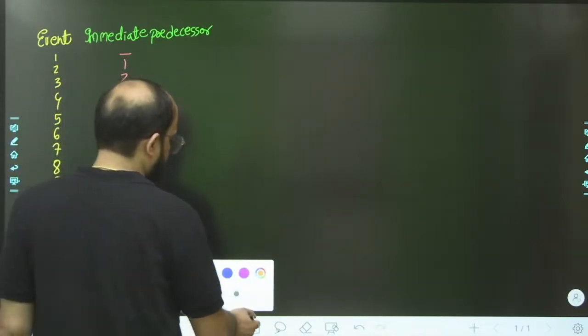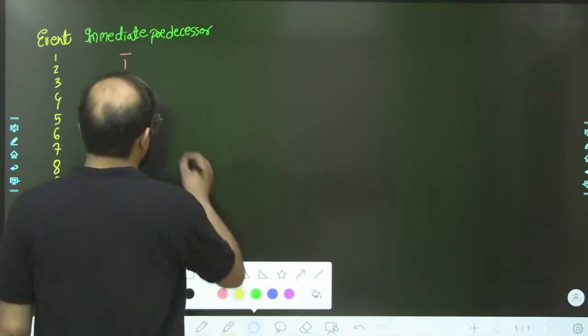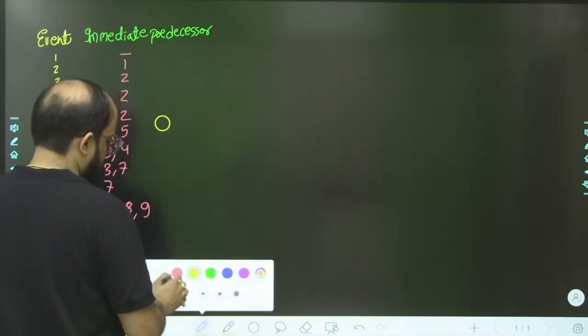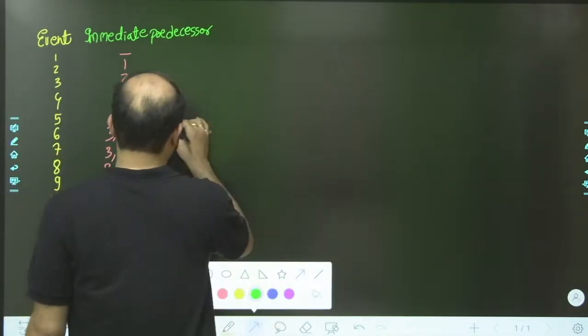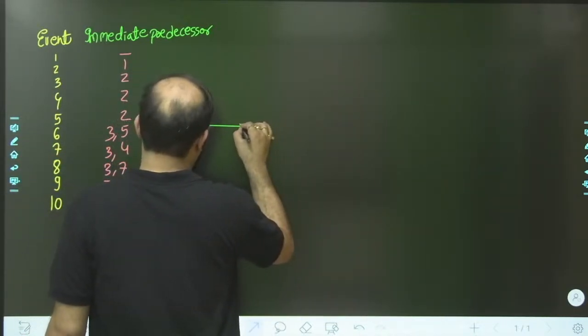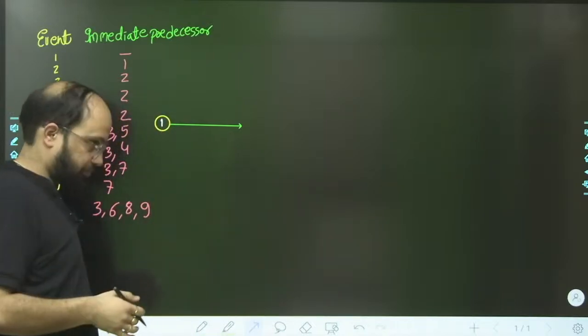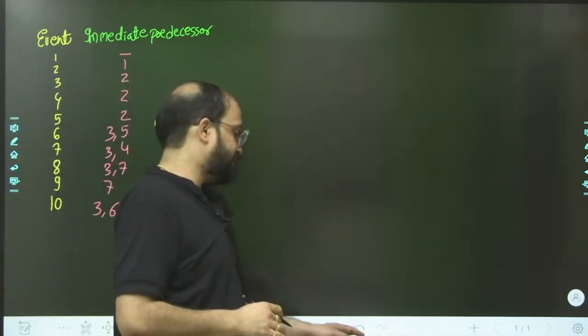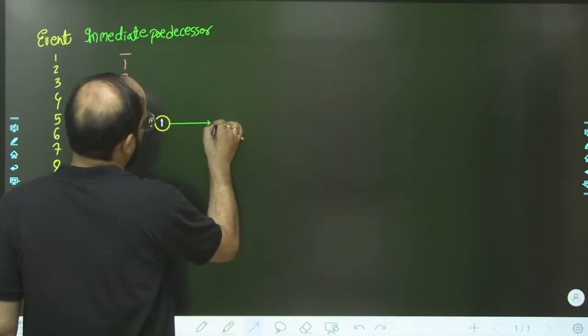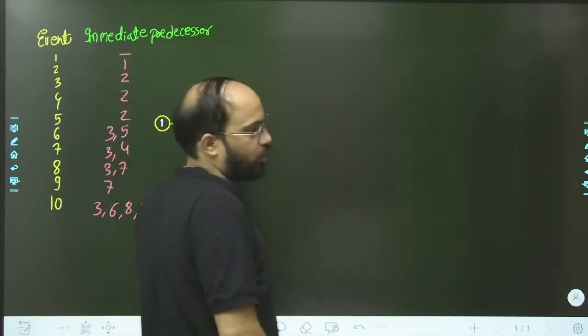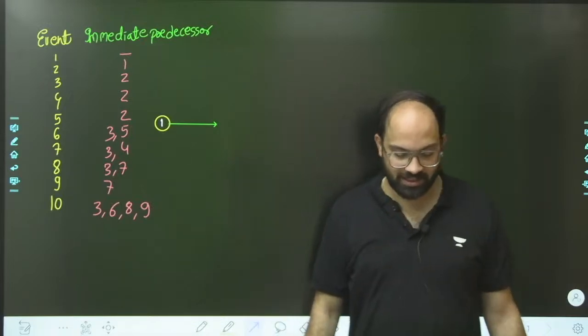So the first event will be 1. Suppose it has some activity, but we are not writing activities because activities are not given here. The first has no predecessor because it is the initial event.